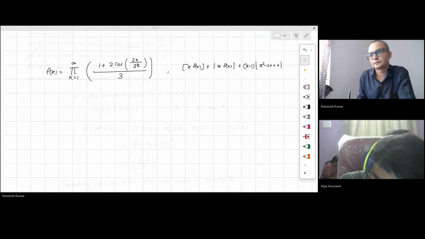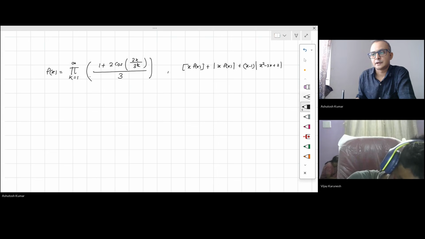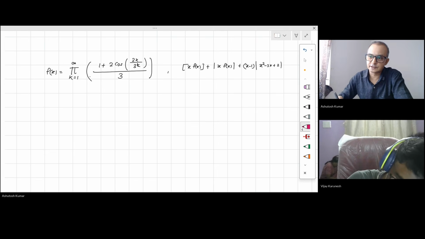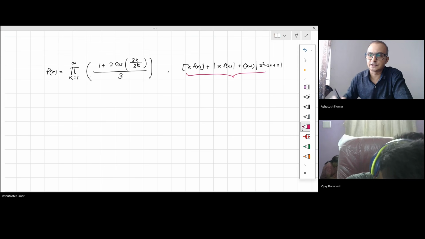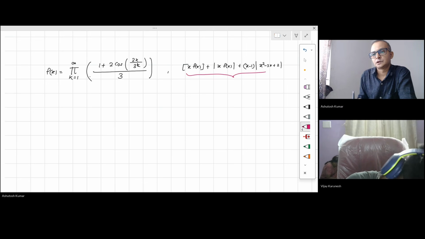And they're asking the number of points at which this entire function is non-differentiable. So essentially we have to find out the function f(x). After that we don't bother what is happening here because it will be easy.